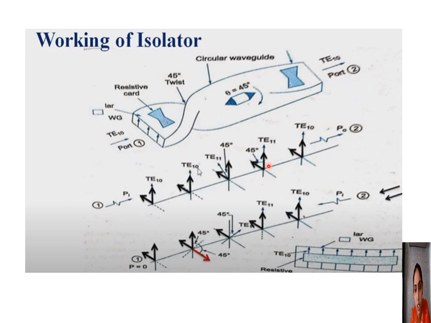There is no net rotation; it cancels, and in the output emerging from port 2, the plane of polarization is the same as that of the incident wave. There is no attenuation produced and no change in polarization. Whatever input we apply at port 1 emerges from port 2.